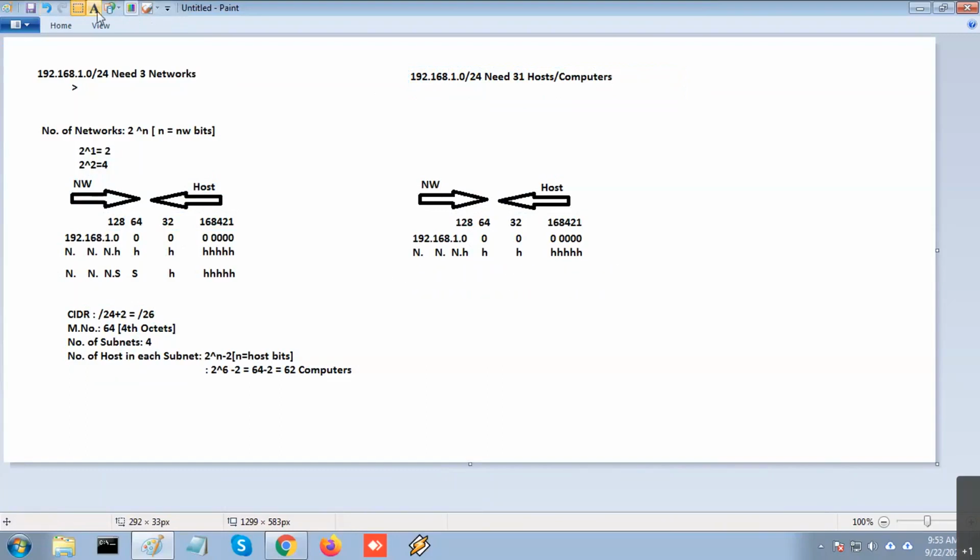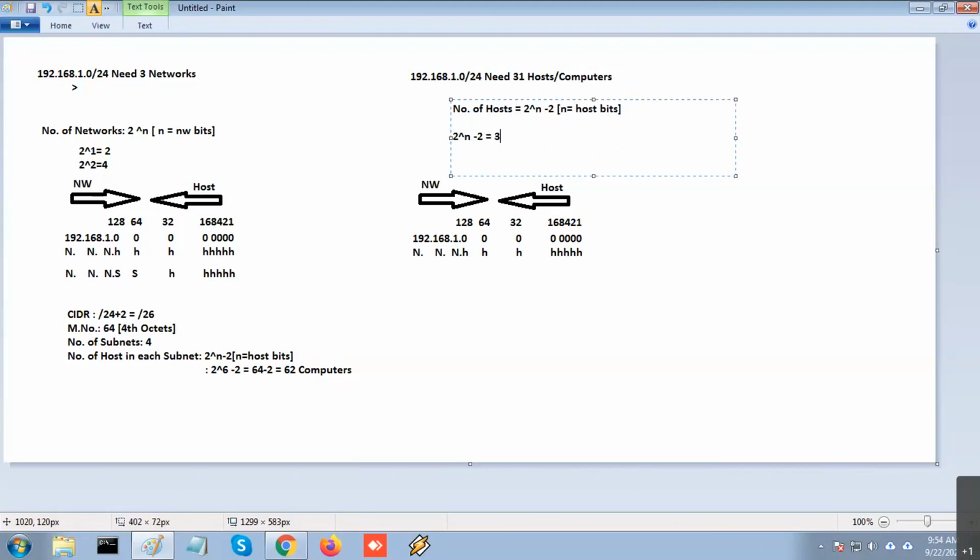Now what I'm going to do, I know the formula for the number of hosts, right? Okay, so 2 power n minus 2 will be 31. Then I apply the formula, 2 power n is host bits. 2 power n minus 2 equal to 31.